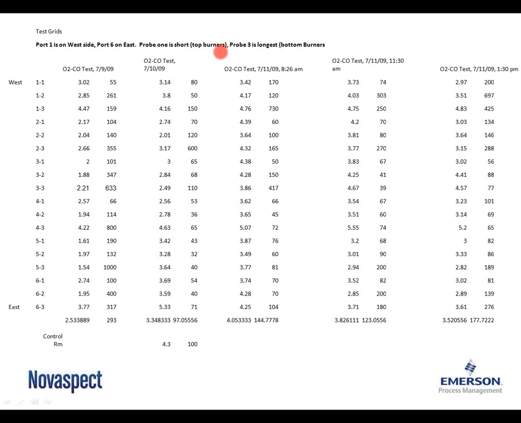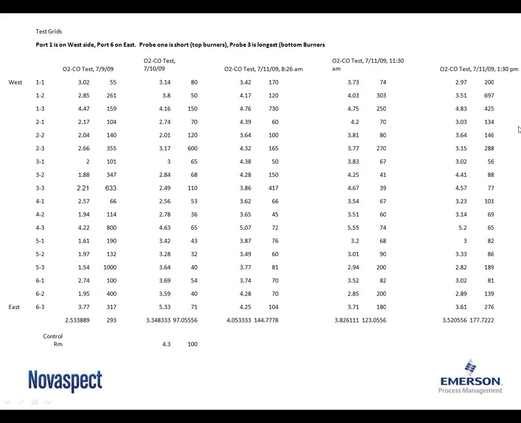On this burner boiler, we had 6 different ports in the O2 grid in the back end. Port 1 is on the west side, port 6 is on the right side, or on the east side. Probe 1 is the shortest, so that represents the top burners. Probe 3 is the longest, that represents the bottom burners. And as you can see, as we went through the data, we had some low O2 spots, like 5.3 on the first run of data, we had a 1.54% O2 and CO over a thousand.